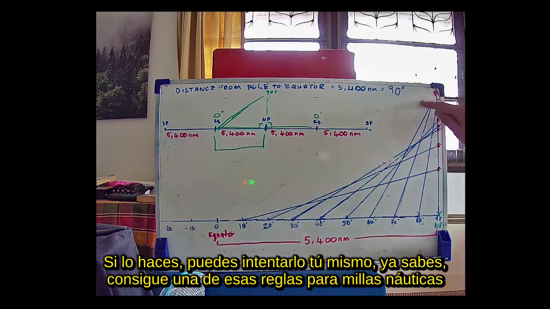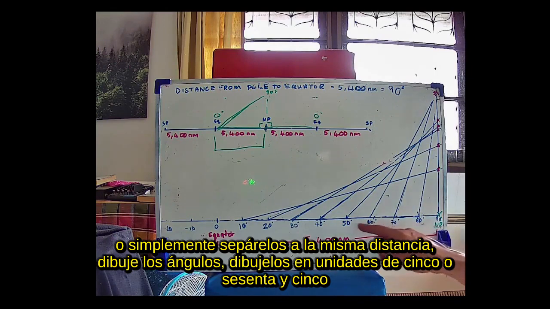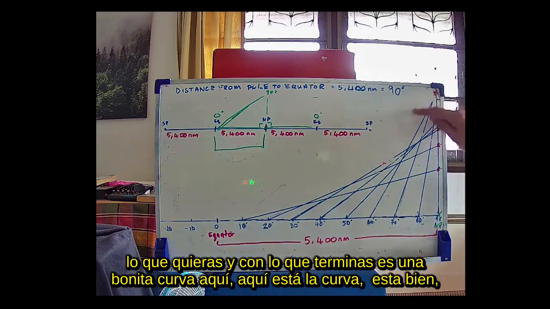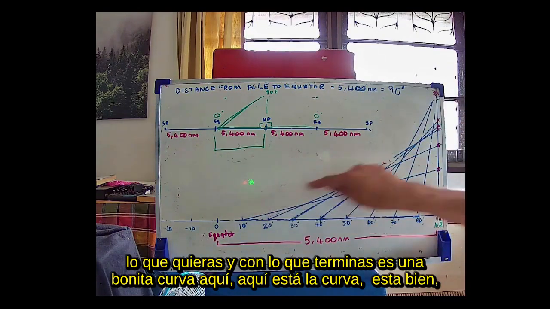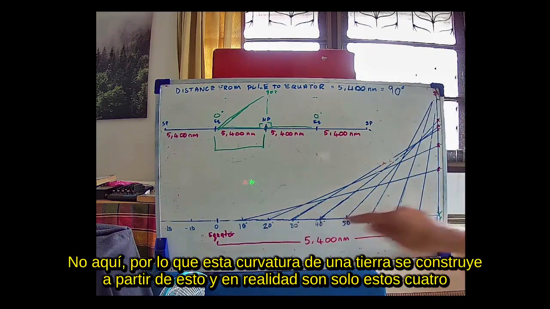And what you end up with, you can try this yourself. Get one of those rulers for nautical miles, or just space them at an equal distance apart. Draw the angles in, draw them in units of 5 or whatever you like, and what you end up with is a nice curve here. Here is the curve, okay? Not here.